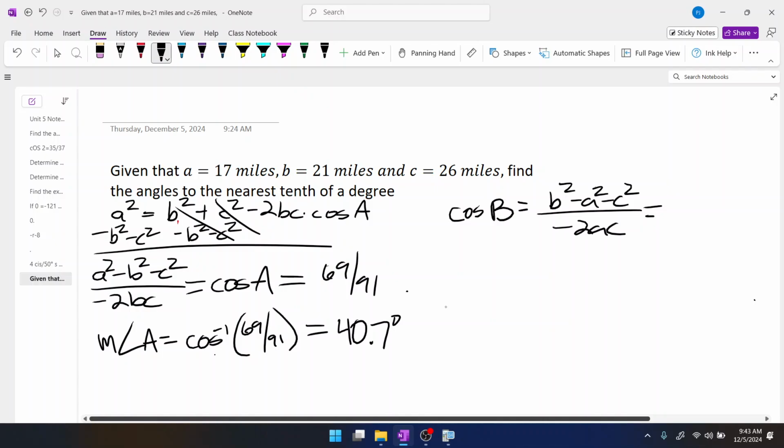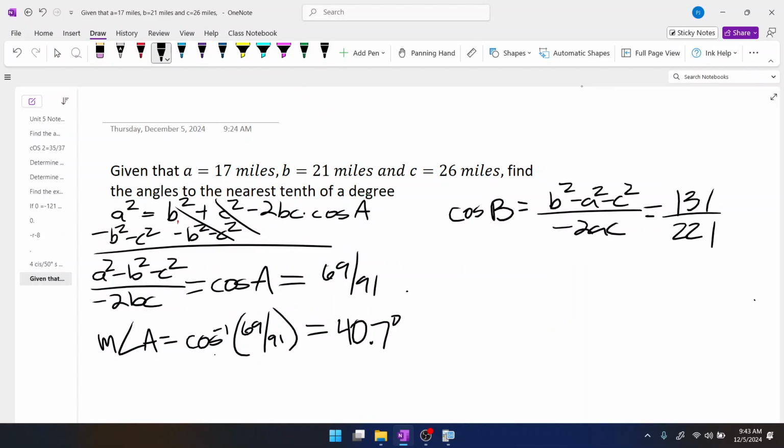And this is 131 out of 221. And we take the inverse cosine of that, times 180 over pi. That'll be 53.7 degrees.